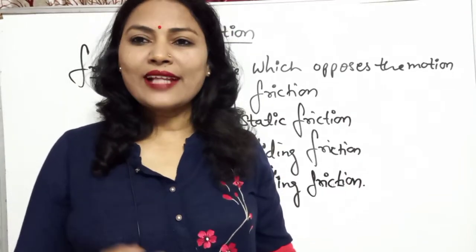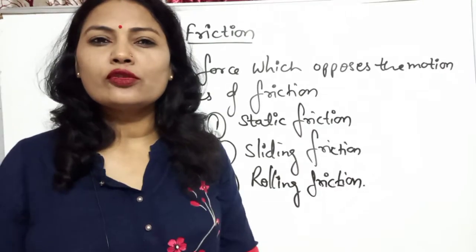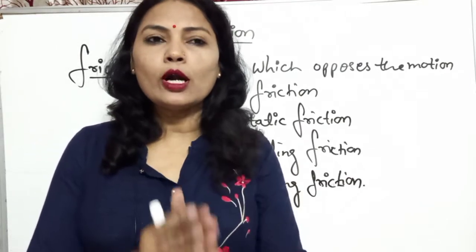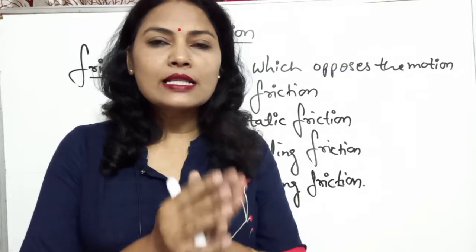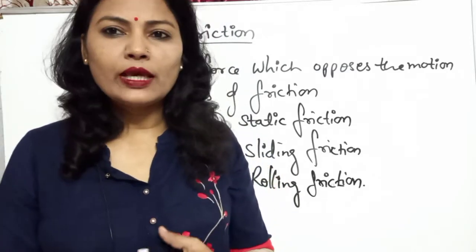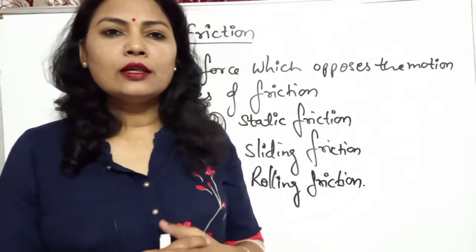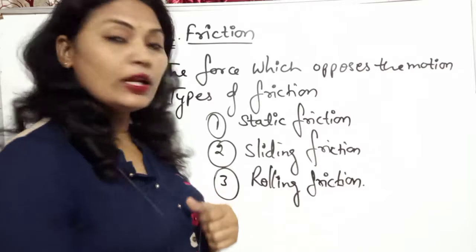Next is sliding friction. You know that it is the force of friction acting between two bodies when they slide on one another with uniform speed. So we can say that is sliding friction. Okay. And the third one is rolling friction.